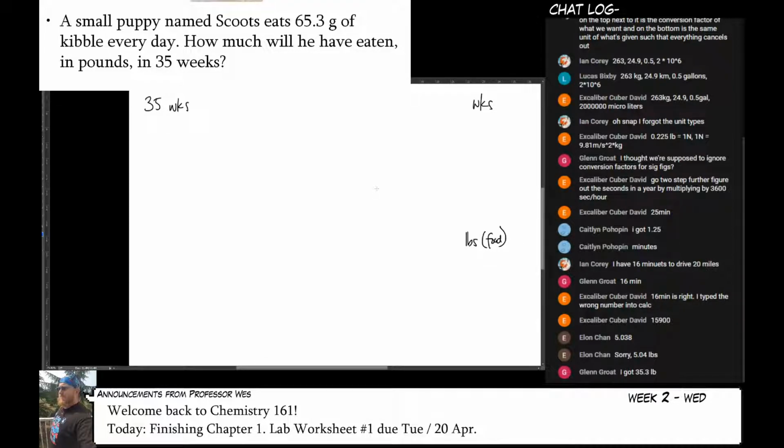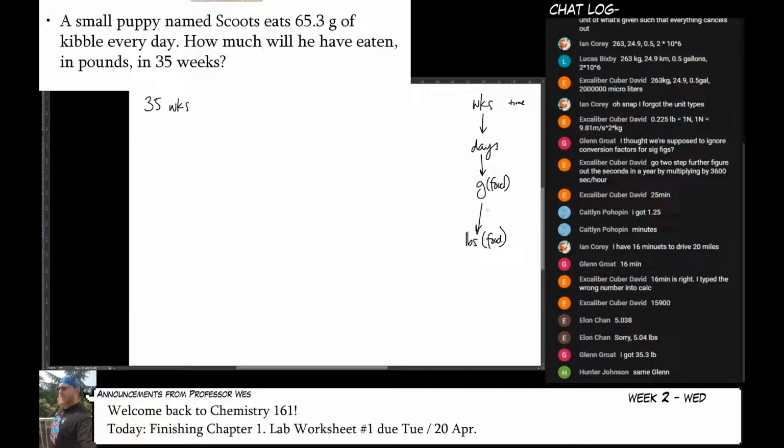So if I can get to days, I can get to grams. Well, I'm starting with a time, which means that if I turn this into days, now I can use the grams per day conversion, and then I can get to pounds.